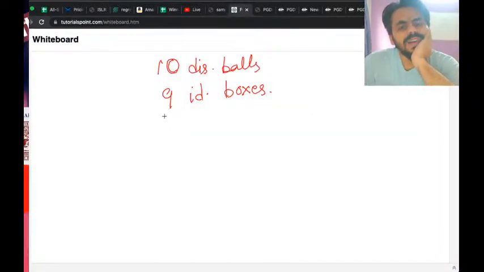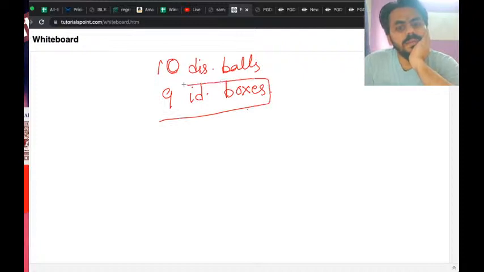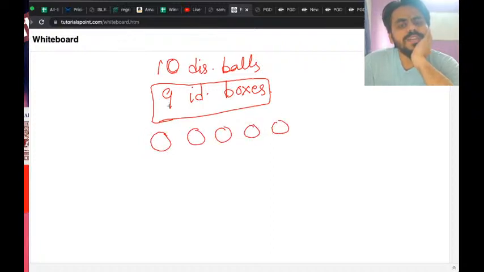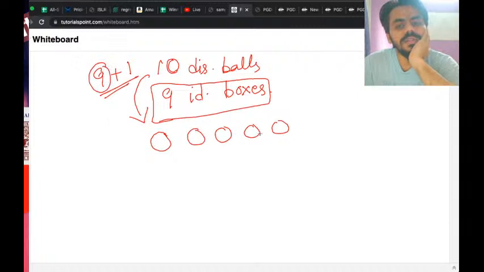Now if you have 9 identical boxes, every box has how many options? First of all, you need to put 9 balls in them, right? Let's forget that you have 10 balls. We have 9 plus 1 distinct balls. So let me first choose the 9 balls which I have to put in these identical boxes. The ball can go to whichever box, because all the boxes are identical in nature.